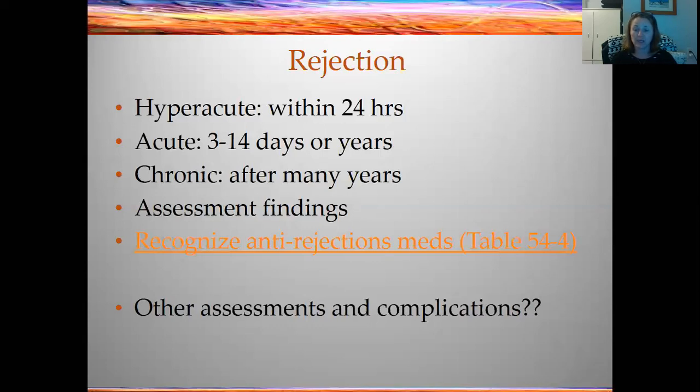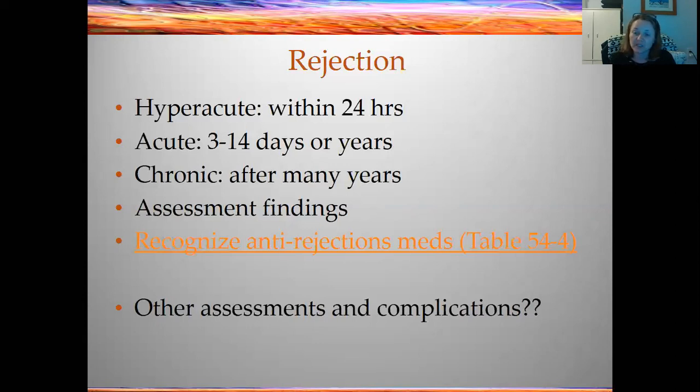Acute is going to happen within 3 to 14 days. So if you see the reaction between 3 and 14 days, so not within 24 hours, but in less than 2 weeks, it can also go a little further, but typically within those first 2 weeks is what we're going to look at.